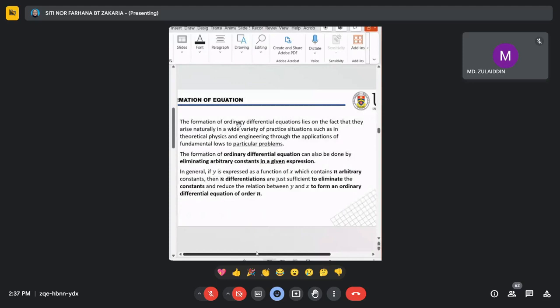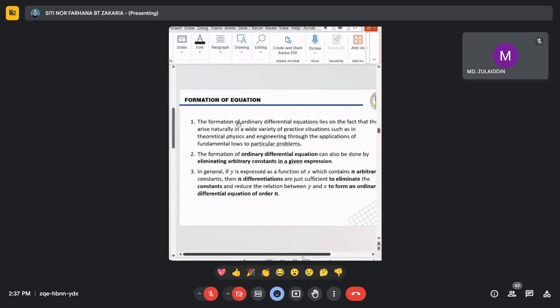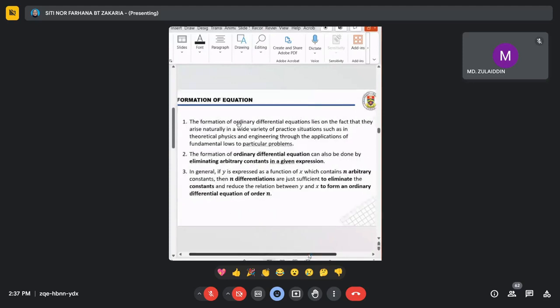Second statement, okay, if y is expressed as a function of x which contains n arbitrary constants, then n differentiations are just sufficient to eliminate the constants and reduce the relation between y and x to form an ordinary differential equation of order n.